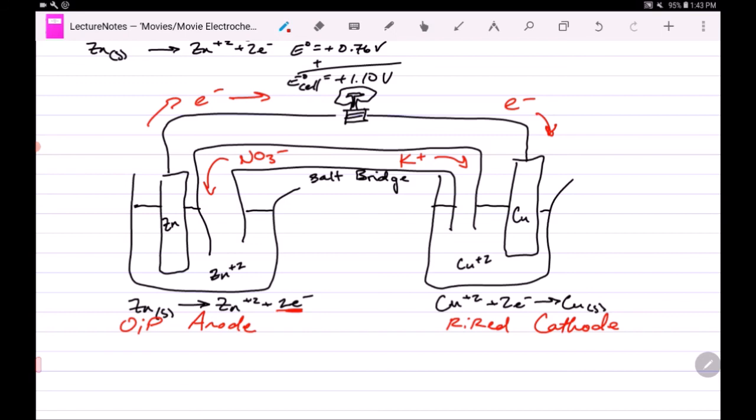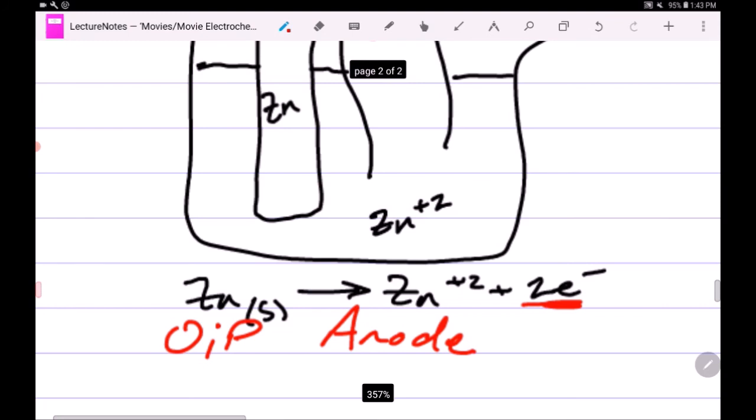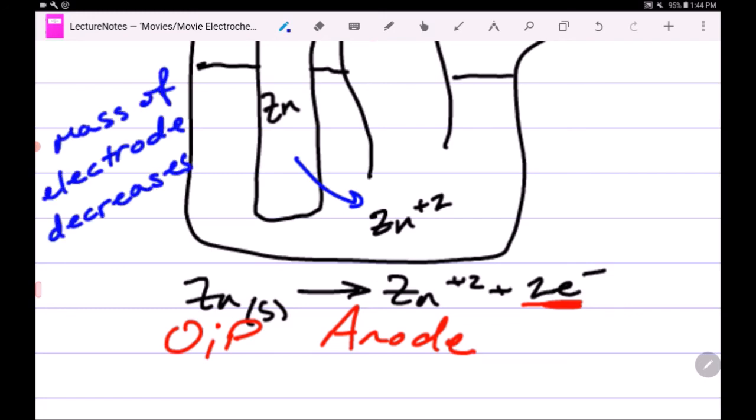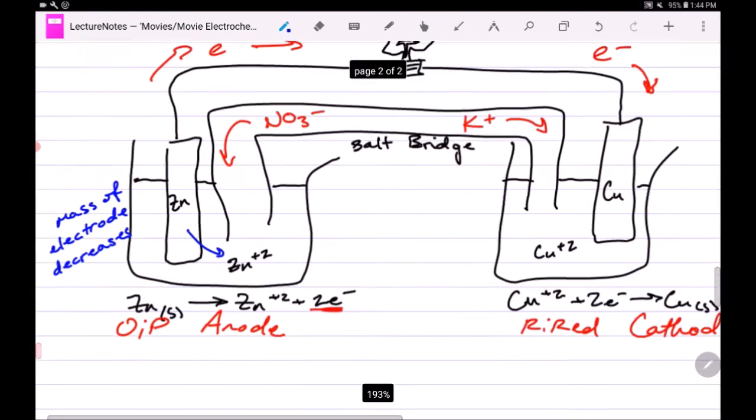The other thing they could ask you is, how is the mass of the electrode changing? Since this one is solid zinc becoming zinc ions, the mass of the solid zinc is decreasing. So the solid metal zinc electrode is becoming zinc ions.